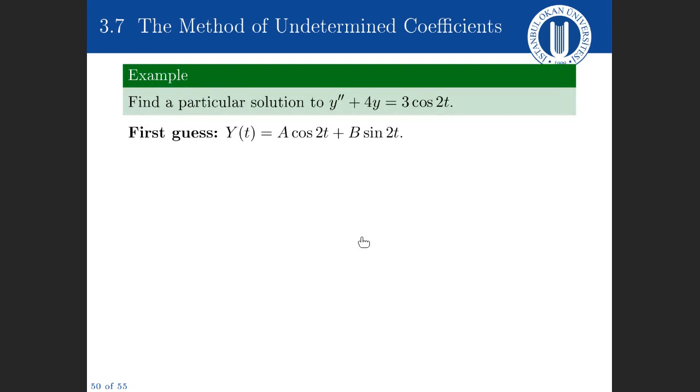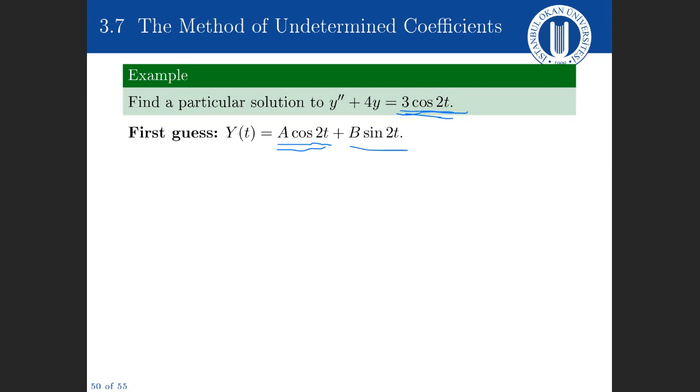Find a particular solution to y double prime plus 4y is equal to 3 cos 2t. Using the ideas that we've been doing before, we look at the function on the right, 3 cos 2t, and we make a guess. That's a number times cos 2t, so the way I've taught you so far is to guess a number times cos 2t, and anytime you have cos, you must also have sine.